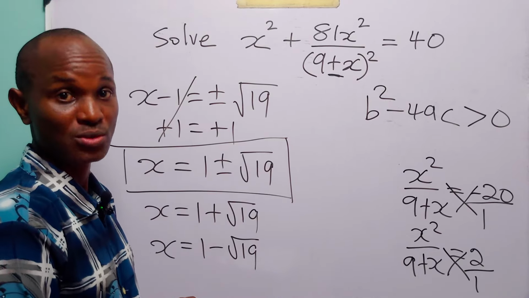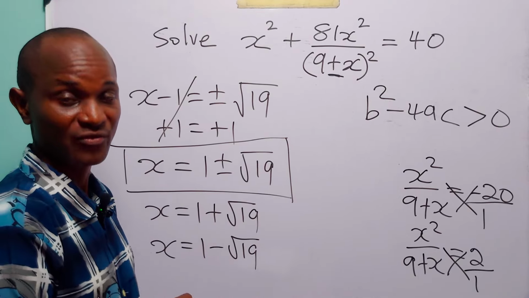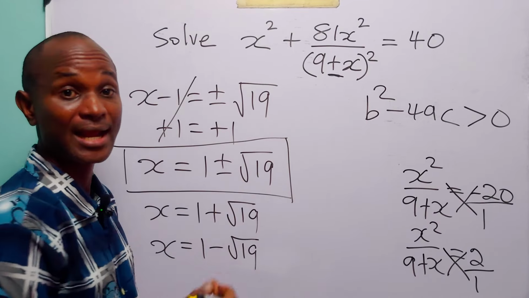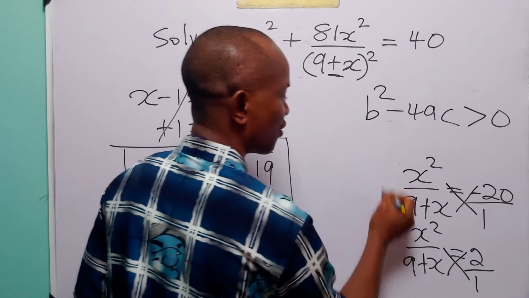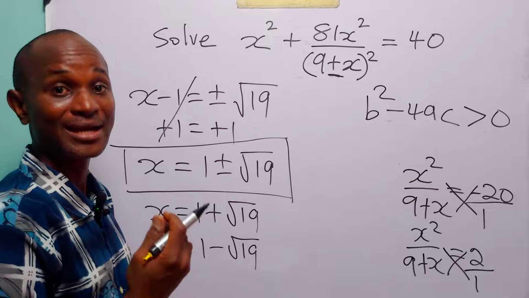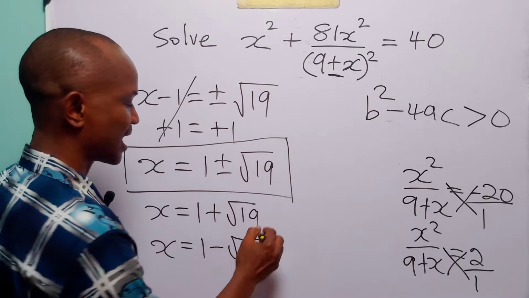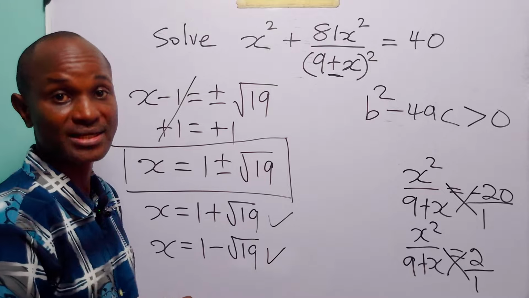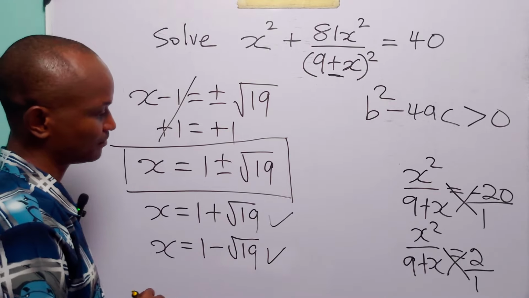If we had been told to find all the values of x, both real and complex, that satisfy this equation, then we would have gone on to solve this first equation to find the complex roots. But in this case, we are only required to find the real roots, and these are the two real roots that satisfy this rational equation.